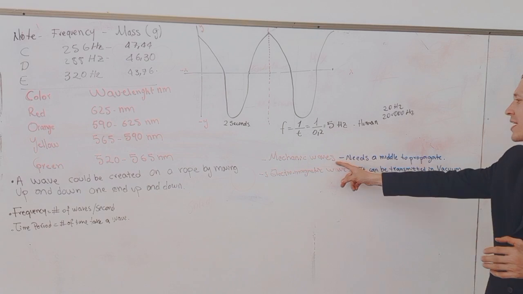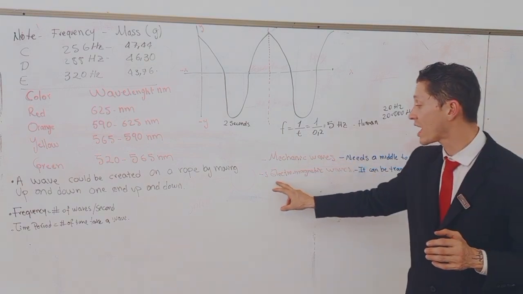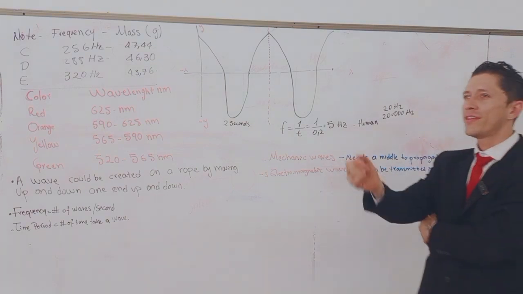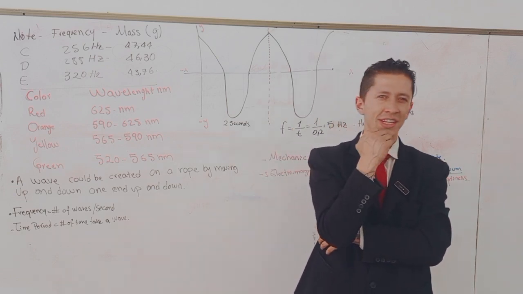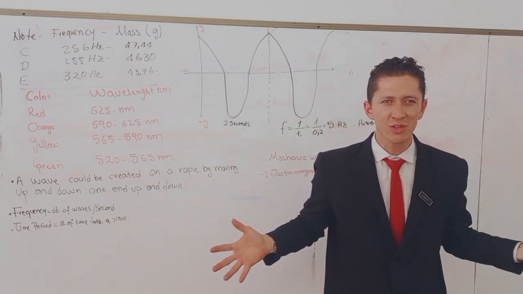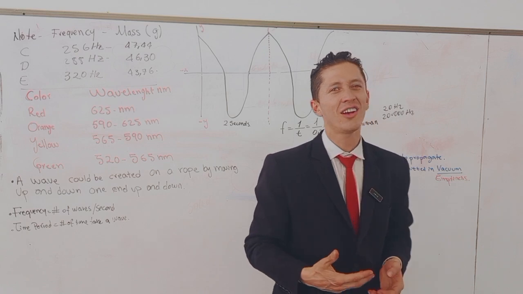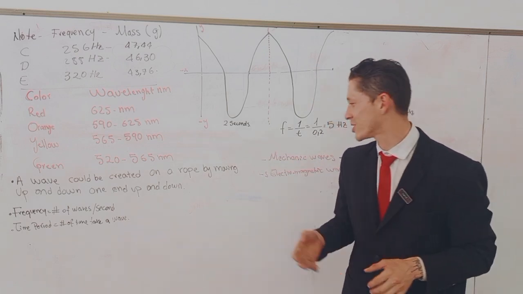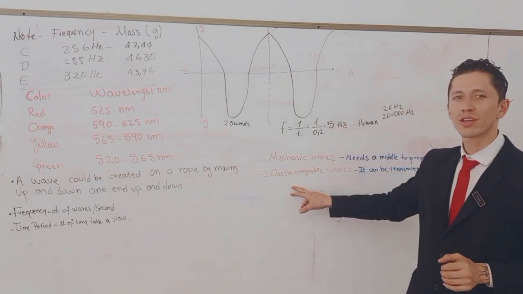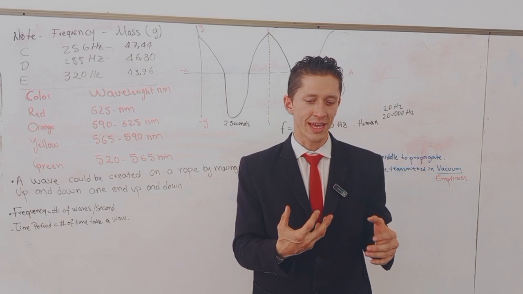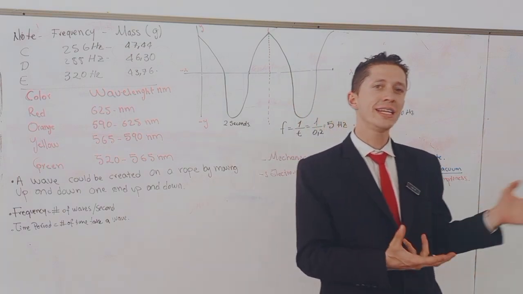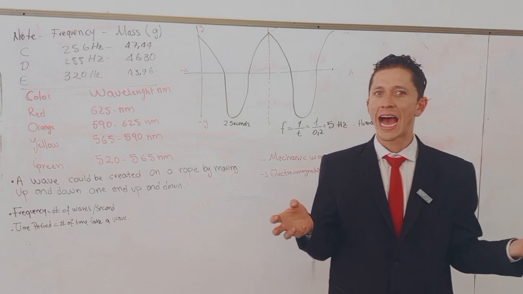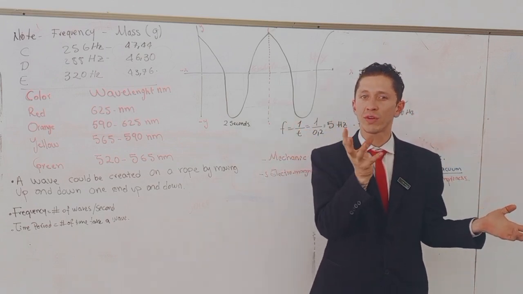So now we have mechanical waves. Also, we have electromagnetic waves. This is a pretty strange name, would you mind please breaking this down? Obviously, that's what I'm here for. This concept is pretty easy to understand because electro means electricity, electrons, and magnetic means that I am doing something with the electrons.